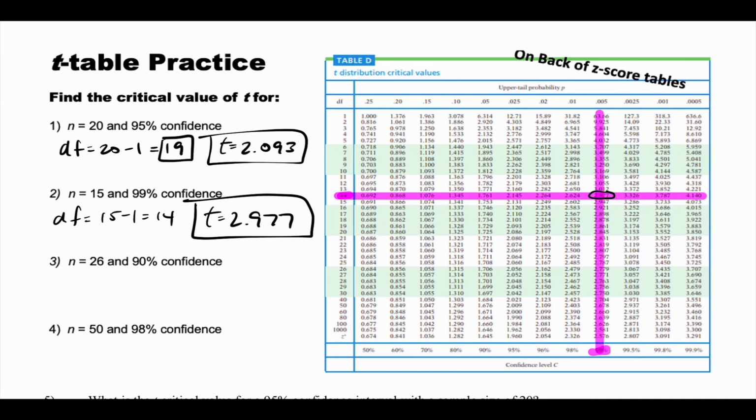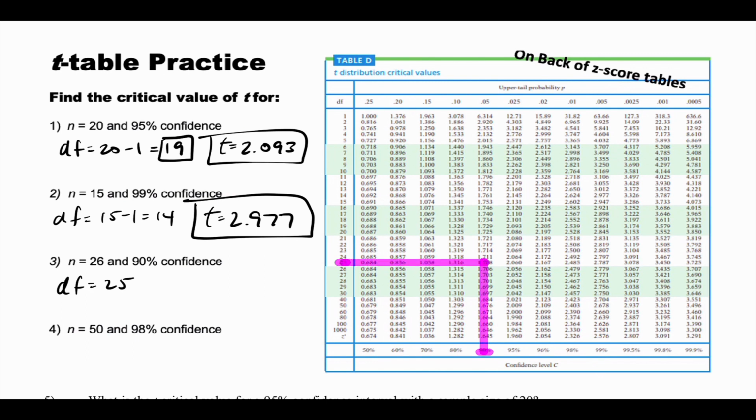26. So let's do 26. That means a degrees of freedom of 25. 90% confidence. 1.708.